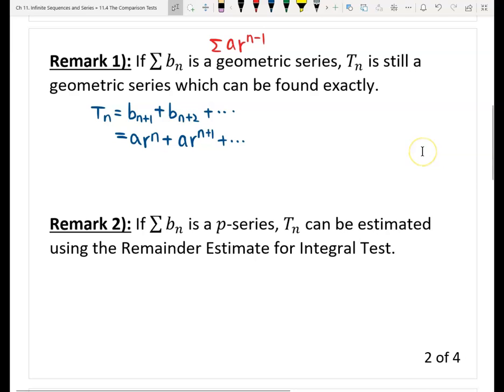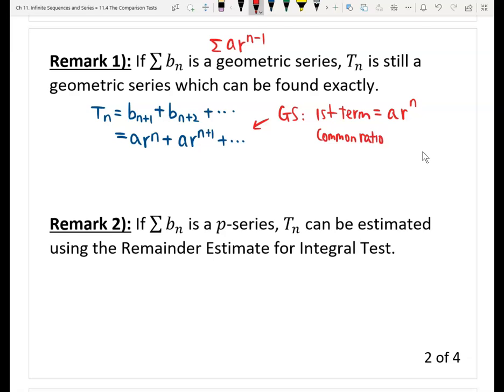So let me write this down. What do we get? The remainder is still a geometric series, and the first term is A R raised to the nth power. The common ratio, you can see, is still the same R, right?